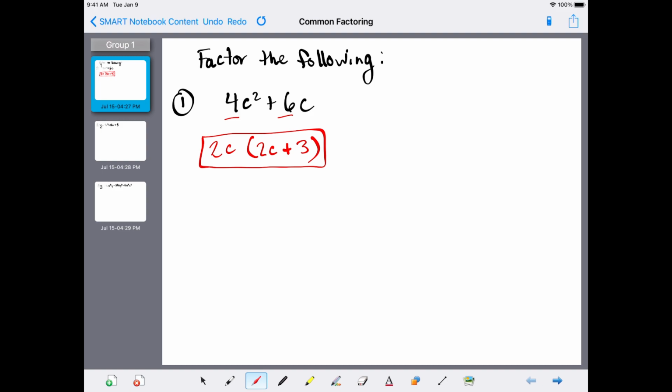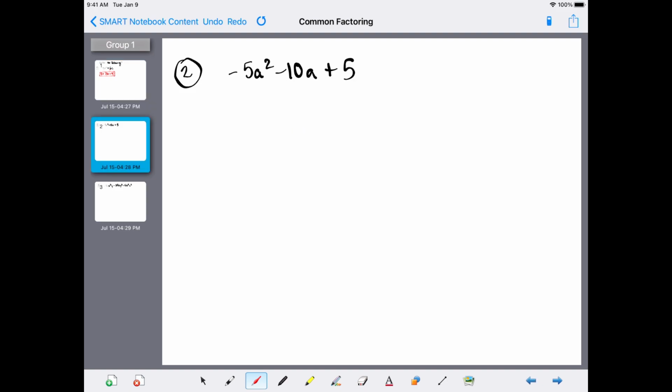So let's look at another one. This time we have a trinomial. We have 3 terms, but the process stays the same. We first find the greatest common factor between the coefficients, or the numbers. We have -5, -10, and 5. The greatest common factor is 5, but we're going to take out a -5 because it's preferable to have the first term being positive.